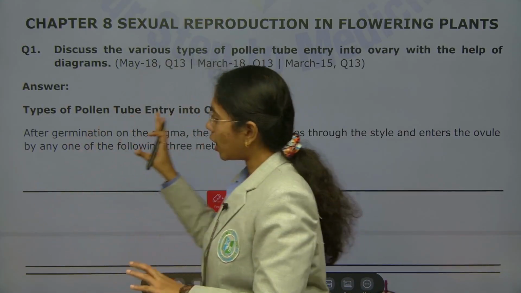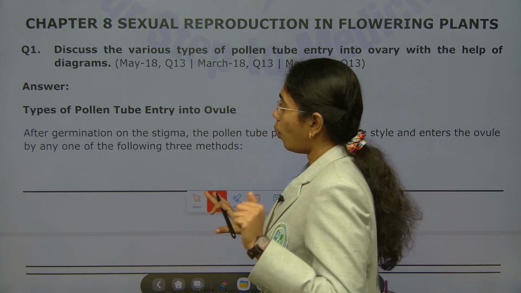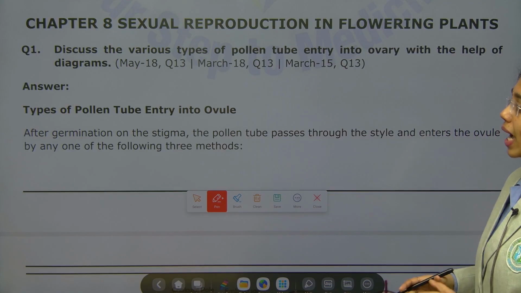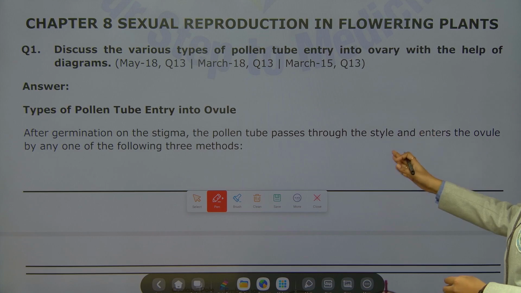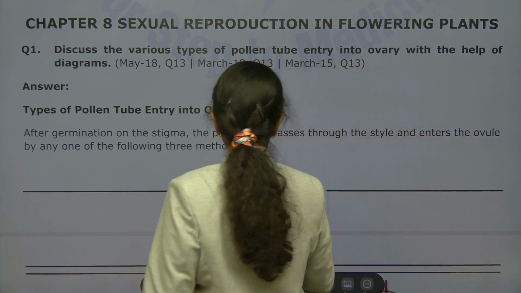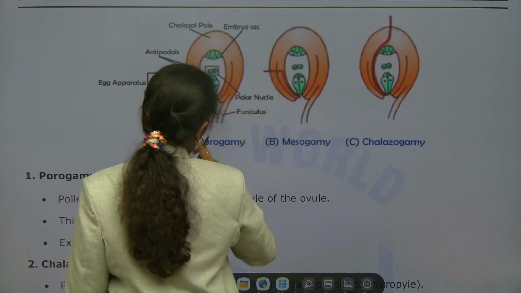So when you are going through this question, highlight the examples and learn parallelly. Types of pollen tube entry into the ovule: after germination on the stigma, the pollen tube passes through the style and enters the ovule by any one of the following three methods, and mostly it is through porogamy only.